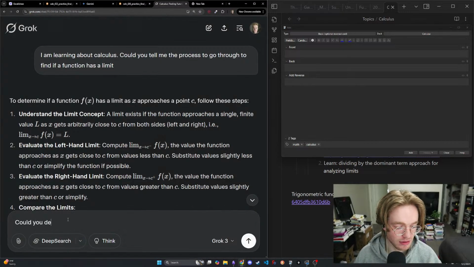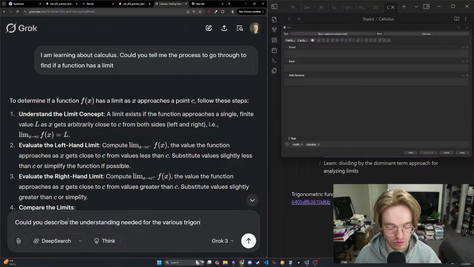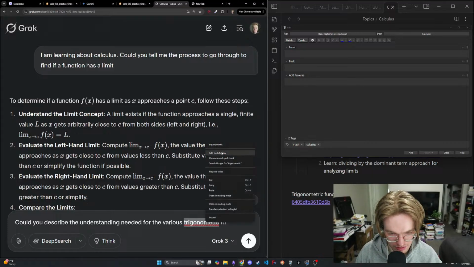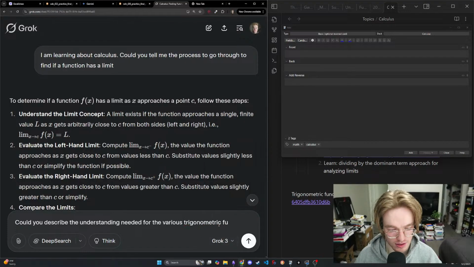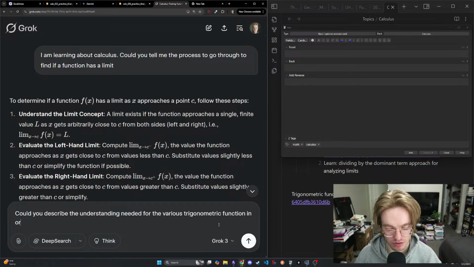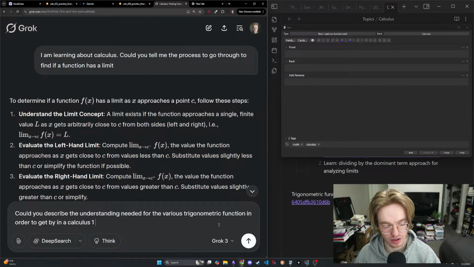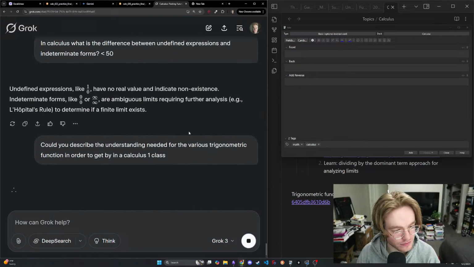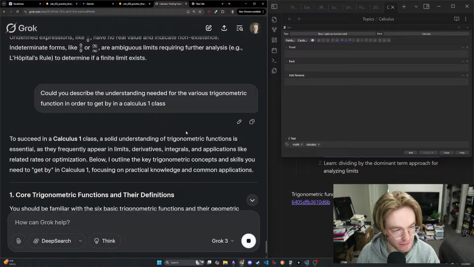Could you describe the understanding needed for the various trigonometric functions in order to get by in a Calculus 1 class?